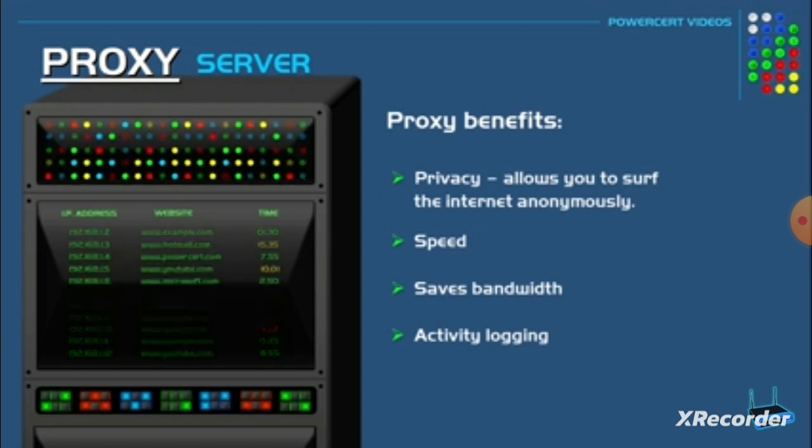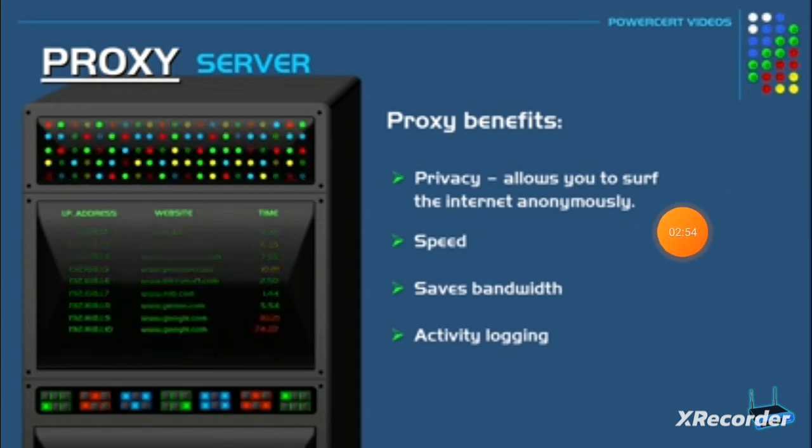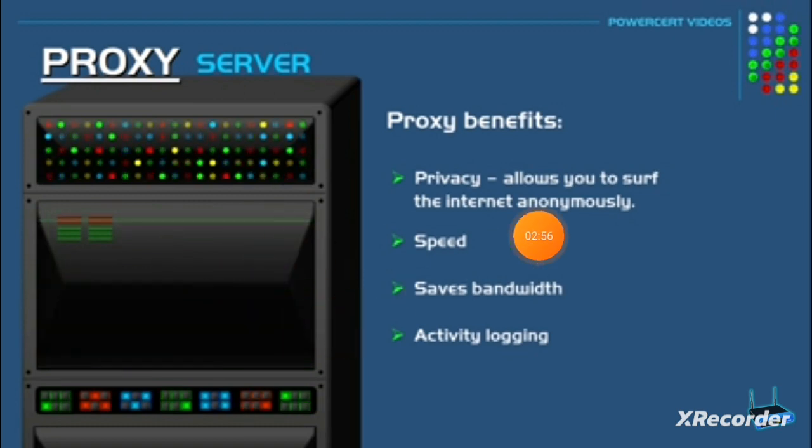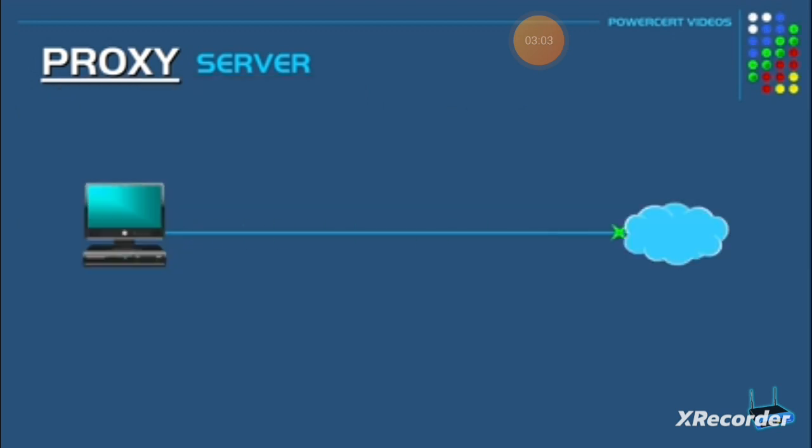So when a company's employees are surfing the internet, the proxy will keep a record of what websites they're visiting and how long they were on those websites. And in addition, a company can also configure the proxy to block certain websites to keep their employees from visiting them.